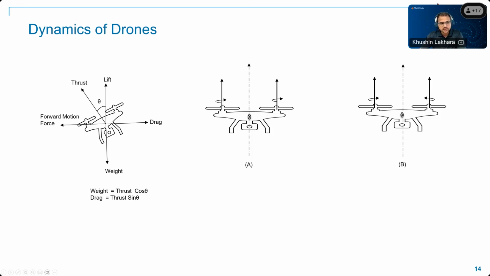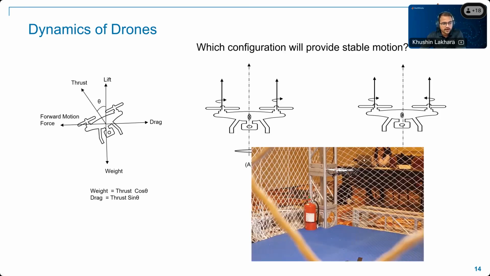The moments created by both of these would be opposite to each other and they will cancel if they are rotating at the same RPM. So that's the case when your drone would be stable. In configuration B, the drone would have a stable motion. But configuration A will provide unstable motion.